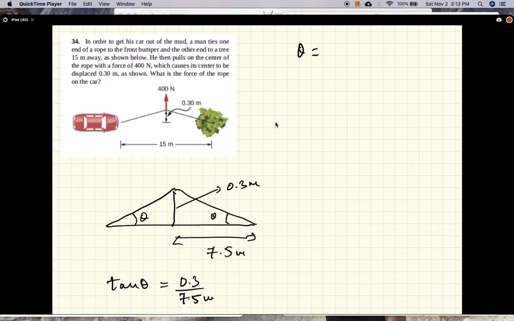And so theta is tan inverse of 0.3 divided by 7.5. And this works out to 2.29 degrees.